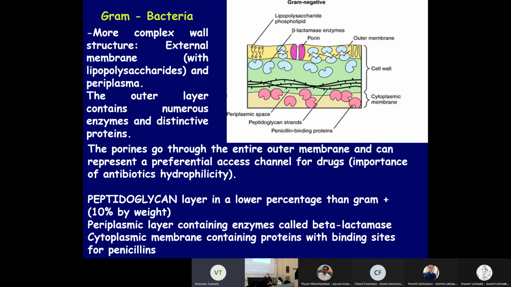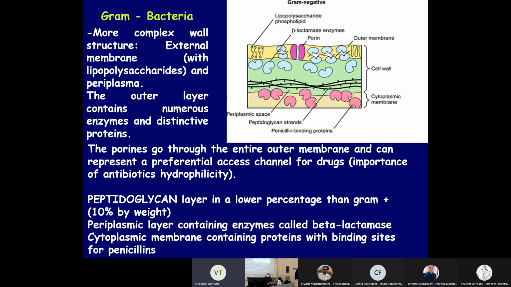So normally, when you have an infection, we take an antibiotic immediately, but we need a wide spectrum antibiotic because we don't know what kind of bacteria is responsible for the infection.